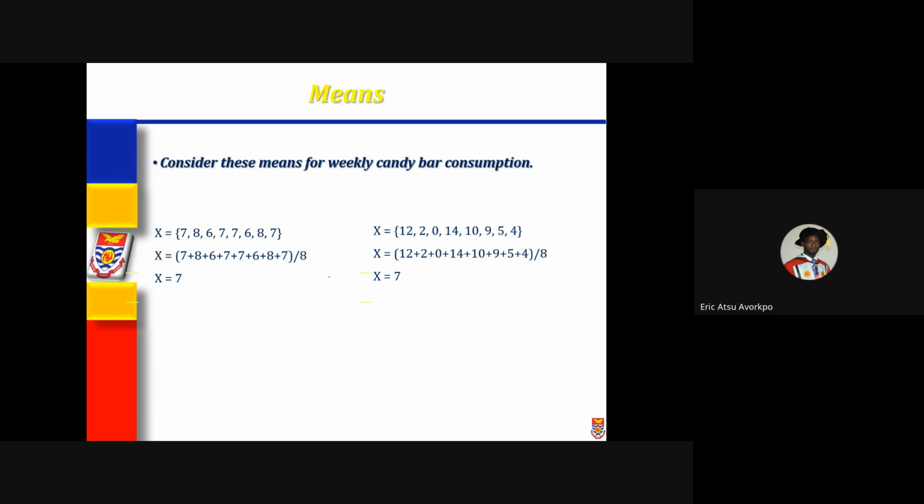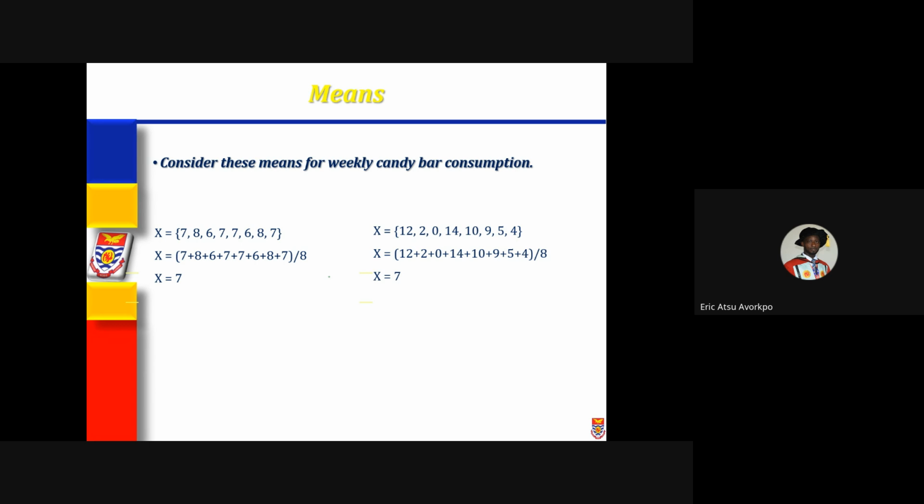There's a significant difference between 0 and 7. There's a significant difference between 14 and 7. So it might not be telling me the true story. So in these two examples, you might say that the mean in the first one is a very good representation of the average than in the second example.